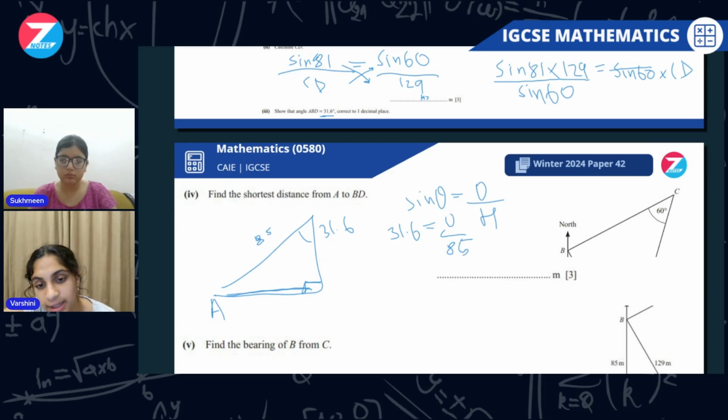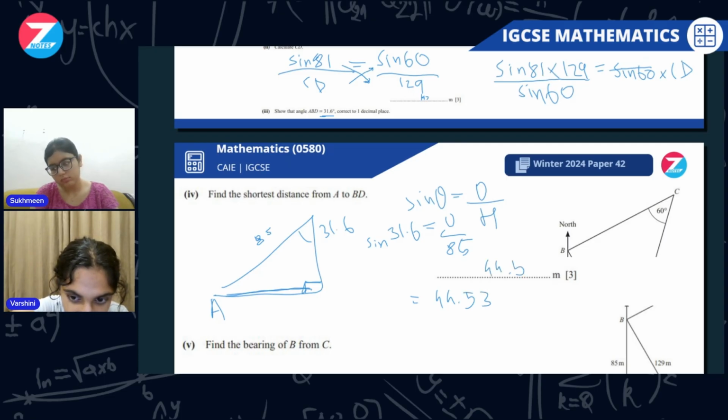Okay, so to find the opposite, we're just going to have to multiply both sides by 85, which will be sine 31.6 into 85, and you'll get 44.53, which we can round off to 44.5.